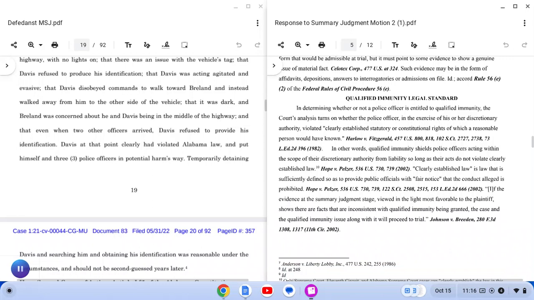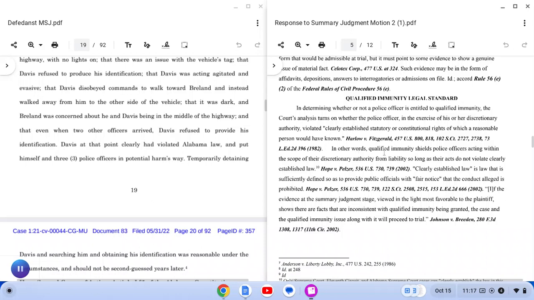Very easy. So now I'm giving the court the law on the qualified immunity legal standard. In determining whether or not a police officer is entitled to qualified immunity, the court's analysis turns on whether the police officer, in the exercise of his or her discretionary authority, violated clearly established statutory or constitutional rights of which a reasonable person would have known.